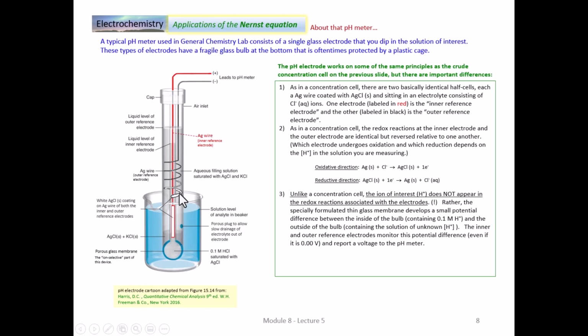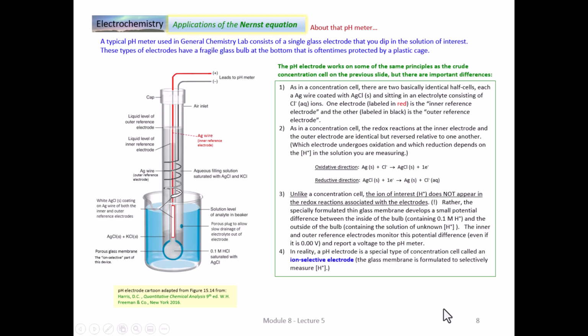The inner and outer reference electrodes monitor the potential difference that's built up by the concentration difference between the inner part of that glass bulb and the solution whose pH you're trying to measure.